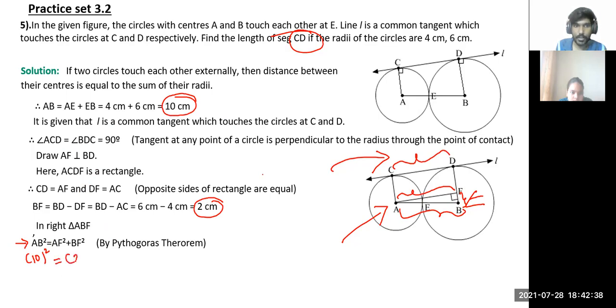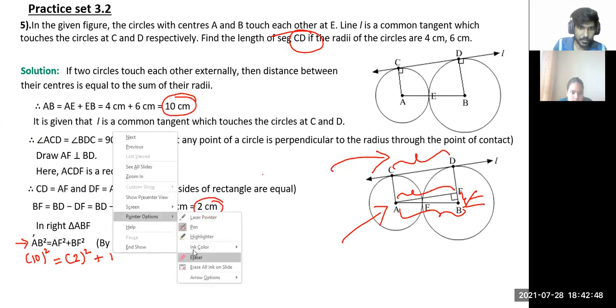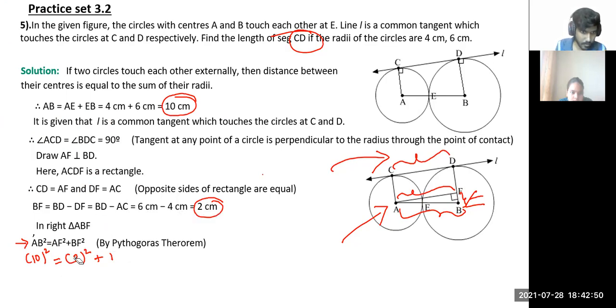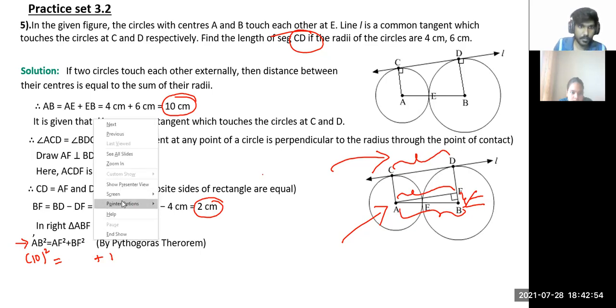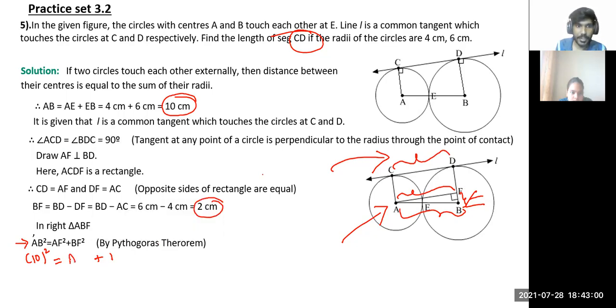AF we have to find out, keep it as it is, and BF is 2, so 2 square.